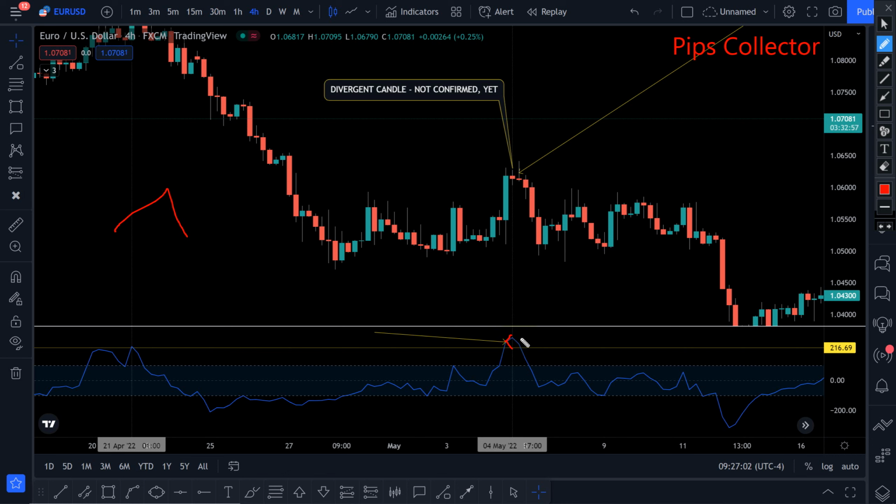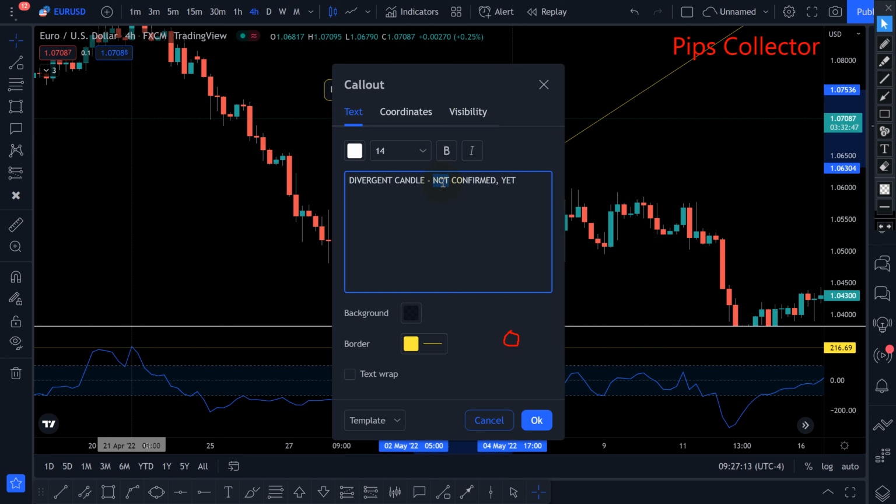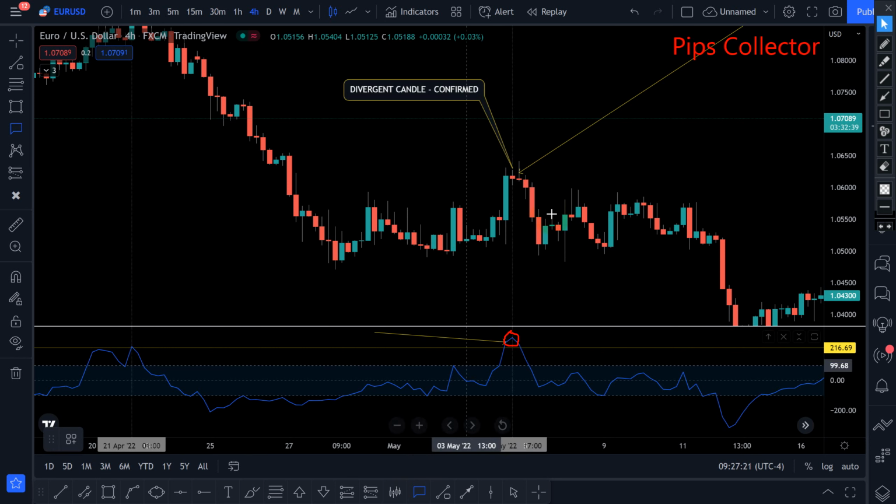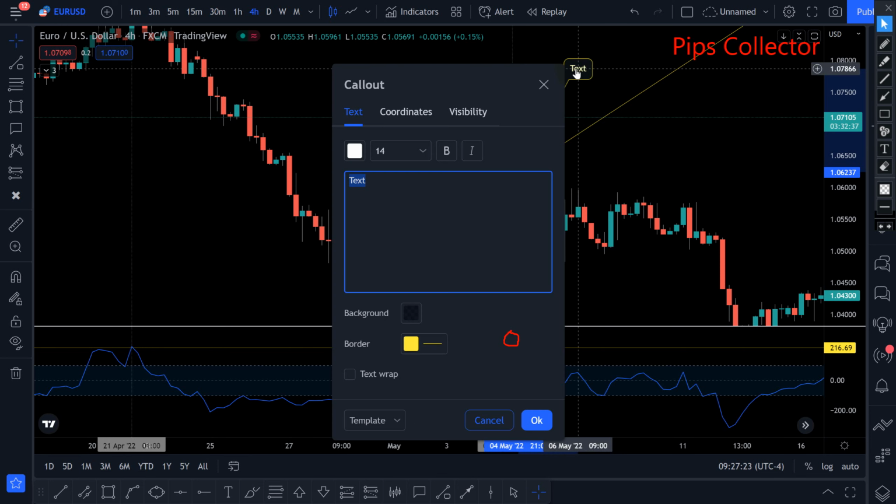Now, if we have this peak, this becomes our divergent candle confirmed, and a divergent candle is only confirmed when we have our confirmation candle.